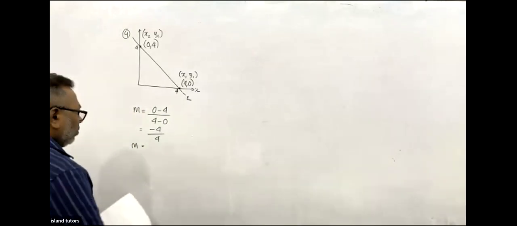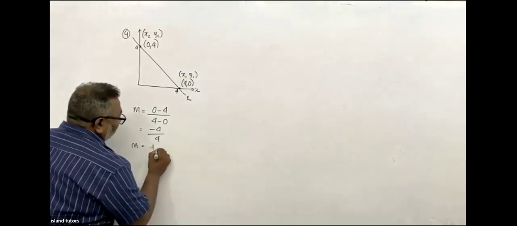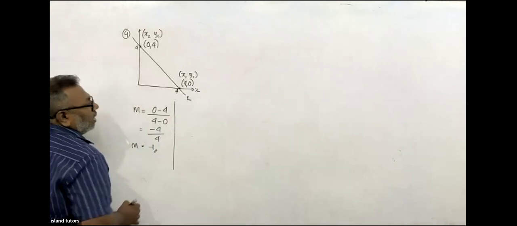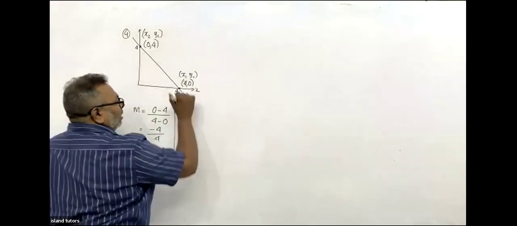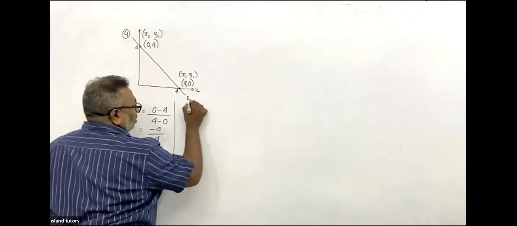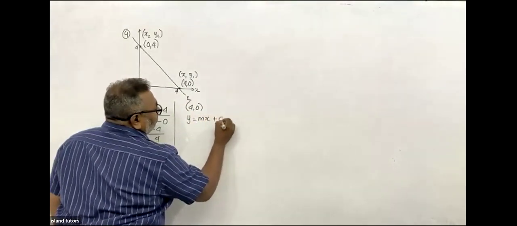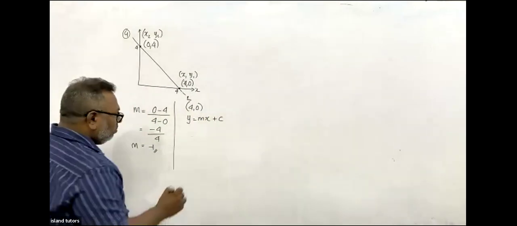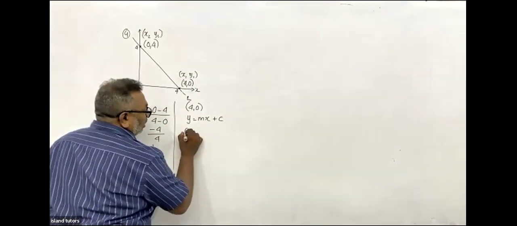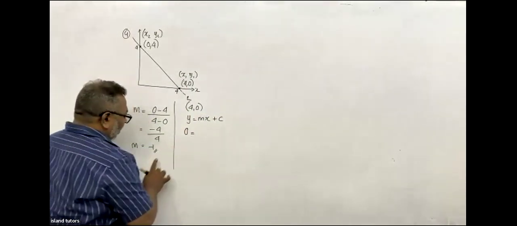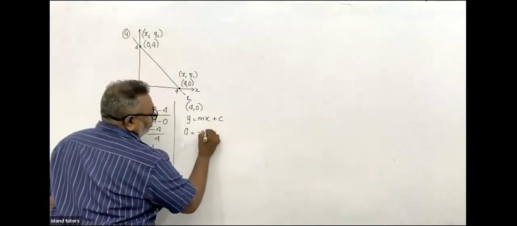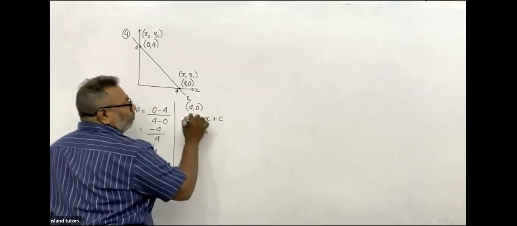Yeah, m is equal to what? Minus 1. Then I'm going to take this coordinate 4, 0, and I'm going to substitute it into y equals mx plus c, my straight line. y is equal to 0. m I know is -1. x I know is 4.